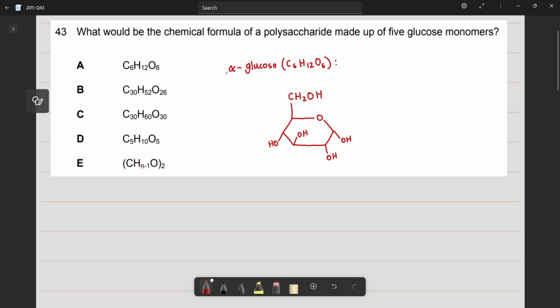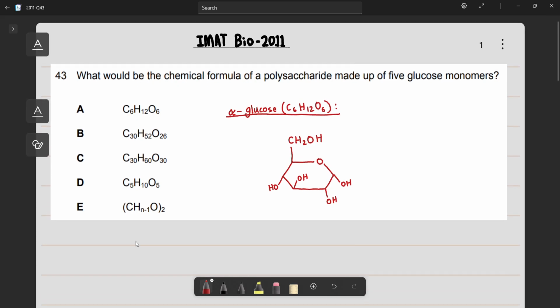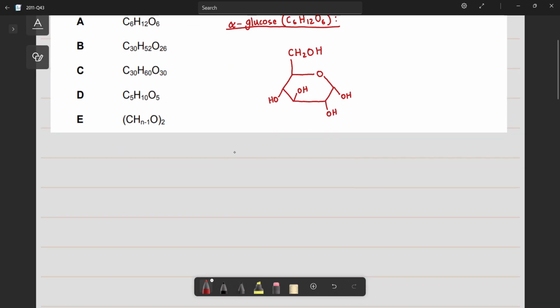Okay, so now the structure of the bond between two alpha glucose. Okay, the bonding between two alpha glucose.